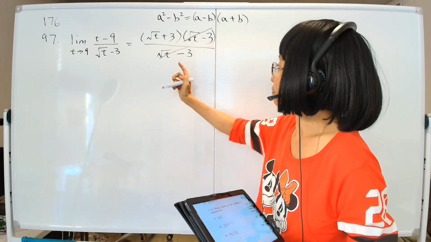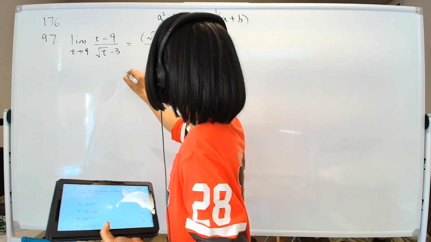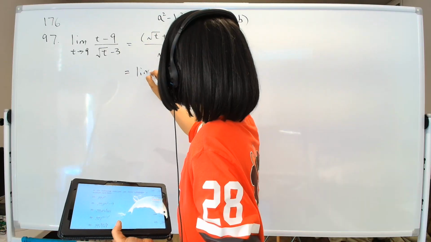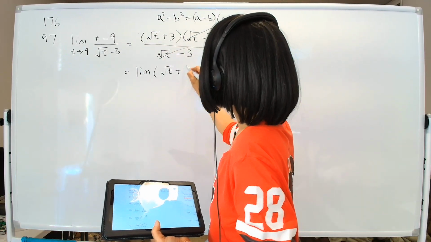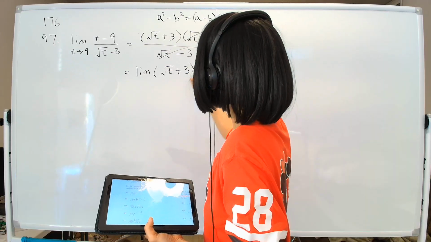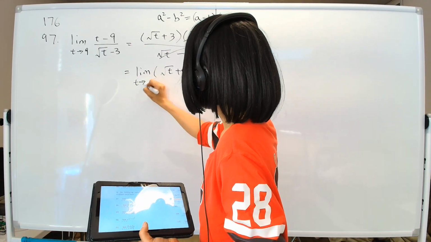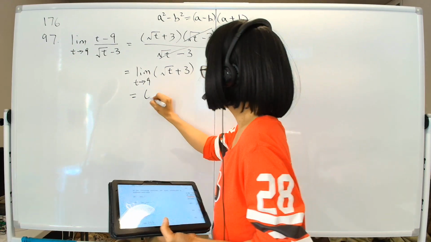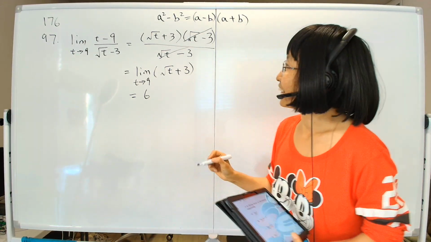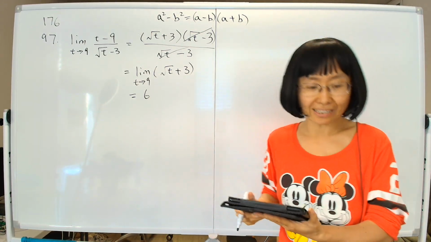So this is equal to the limit of the square root of t plus 3 as t approaches 9, and that value comes out to be 3 plus 3 is 6, and that's your answer. Quick and clean.